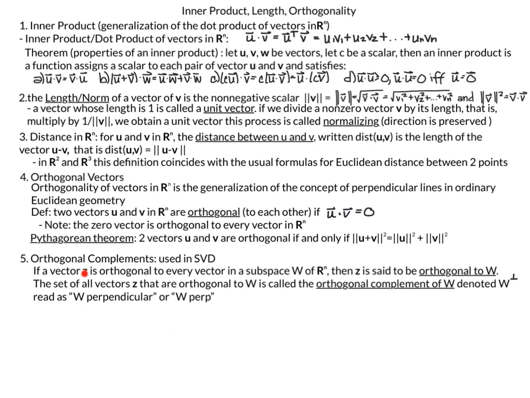So if a vector Z is orthogonal to every vector in a subspace W of Rn, then Z is said to be orthogonal to the subspace W. The set of all vectors Z that are orthogonal to W is called the orthogonal complement of W and is denoted with this W and this little perpendicular sign that we used in geometry. And we read this as W perpendicular or W perp, perp standing for perpendicular.